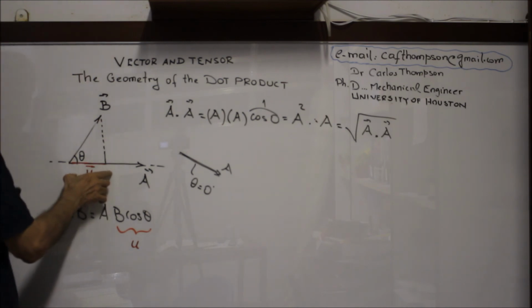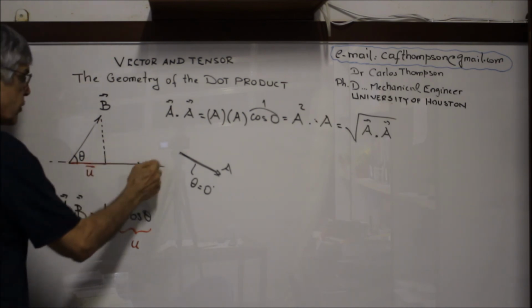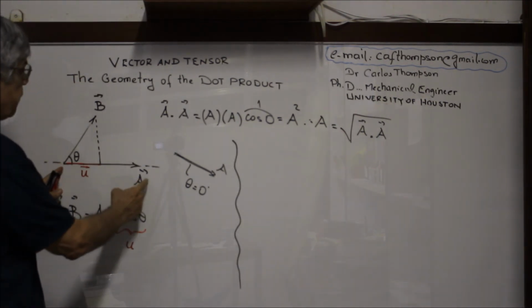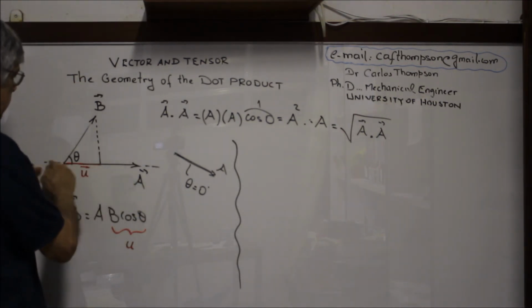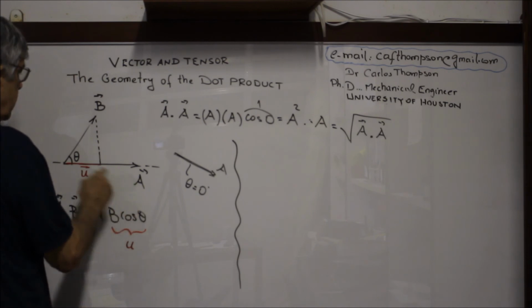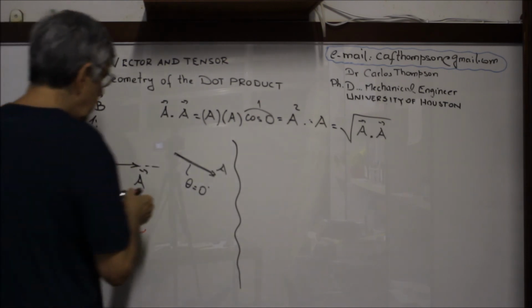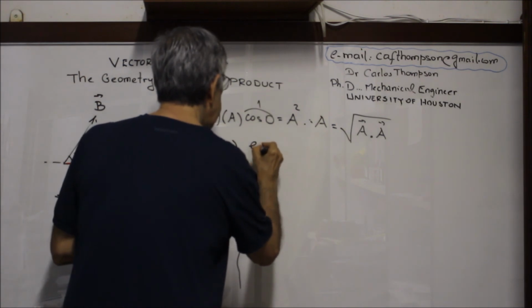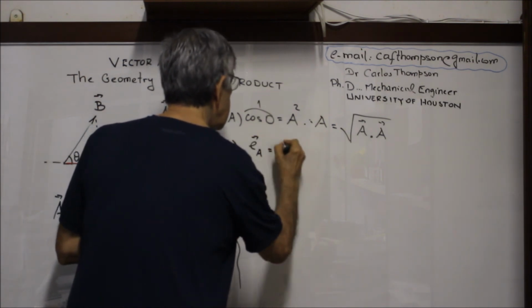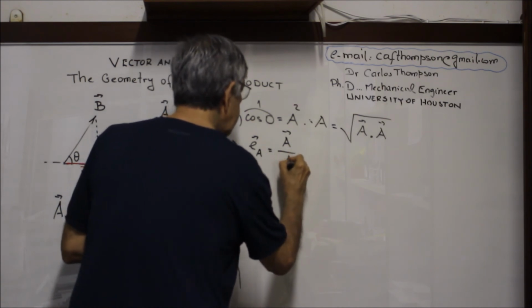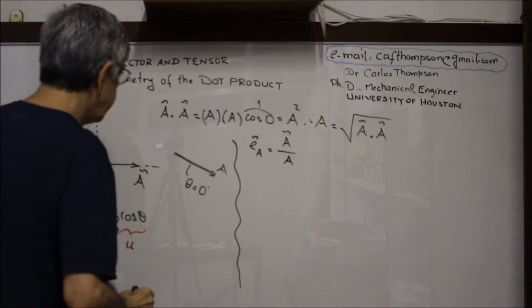Vector u has the same direction as vector A. The unit vector in this straight line in which the vector A lies, we can write as EA equals the vector A divided by its magnitude.